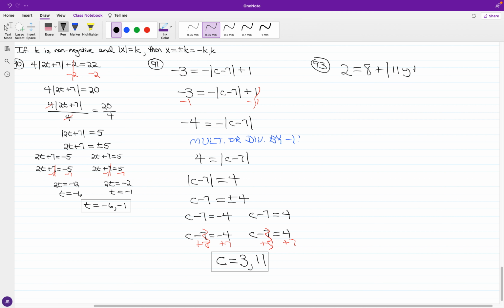And with this one, if I isolate the absolute value term and just take 8 away from both sides, we have 2 minus 8 is negative 6.